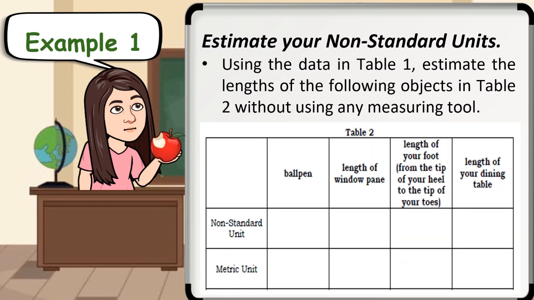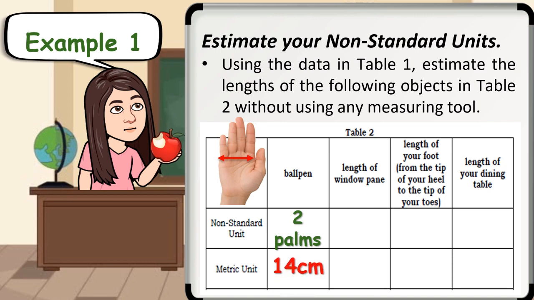Next, using the data in Table 1, estimate the lengths of the following objects in Table 2 without using any measuring tool. To measure the ball pen, I used 2 palms for the non-standard unit. It measures 14 cm in metric units. To measure the length of the window pane, I used 4 forearms or cubits.